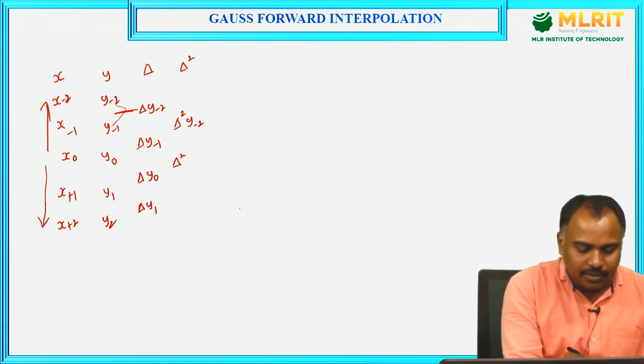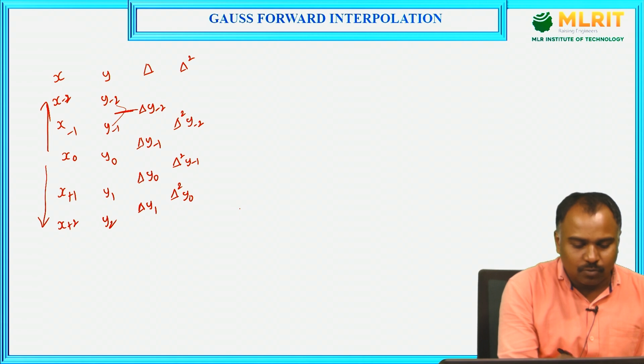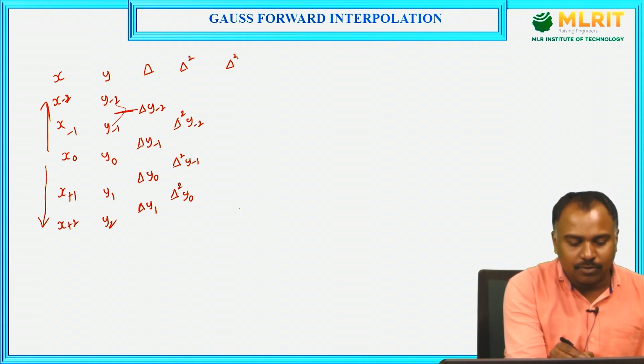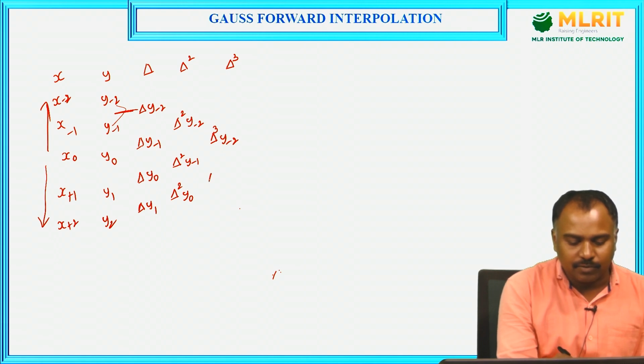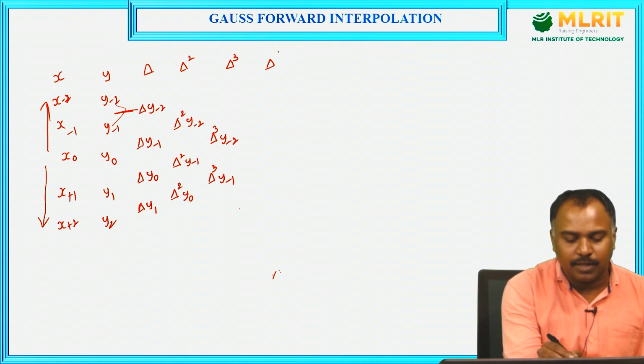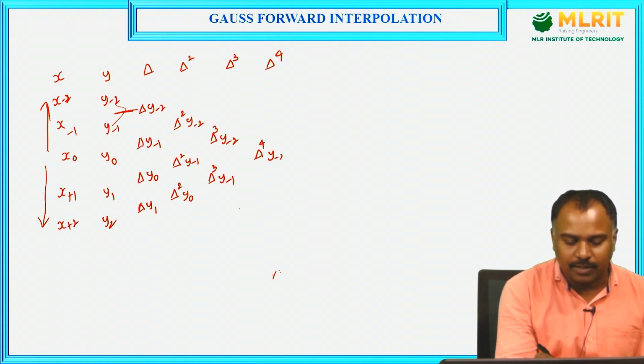So delta square y minus 1, delta square y naught, delta cube, the difference of these two. Same as the previous slide, I am just rewriting delta cube y minus 2, delta cube y minus 1, delta power 4, delta power 4 y minus 2.